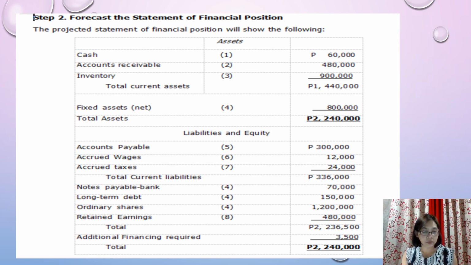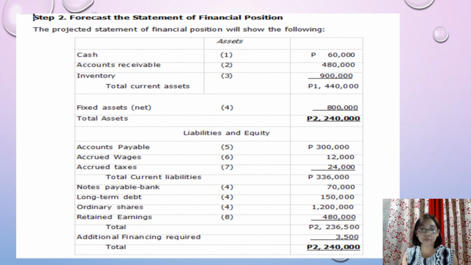Okay? Pag nakuha na po yung 480,000, ang gagawin lang po ay i-add yung total current liabilities, and then i-add nyo lang po yan hanggang dun sa return earnings. So, yung magiging total po ay 2,236,500.